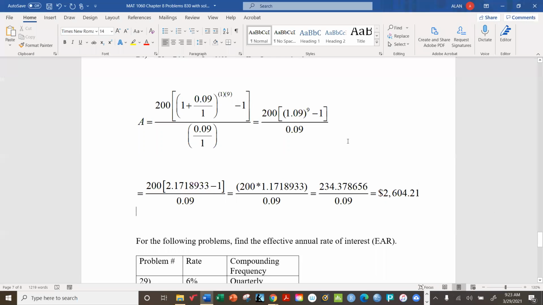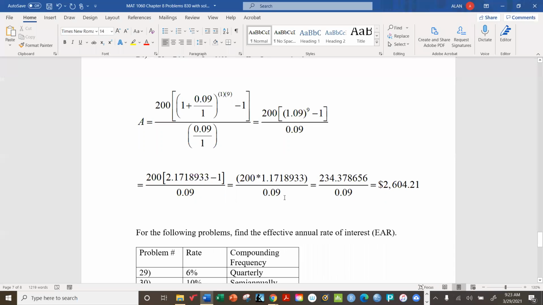Okay, so just be aware that whatever happens, no matter how many decimals of accuracy you use, we only really need to get it to dollars and cents. Okay, so yes, it's a messy formula, but that's all we have to do. We're done. The future value is 2604.21.